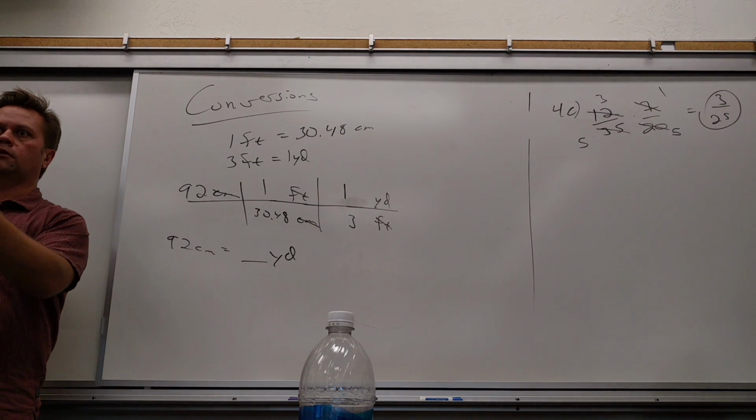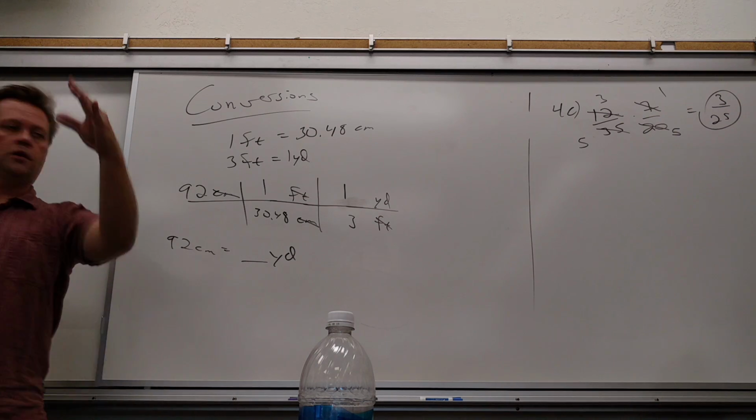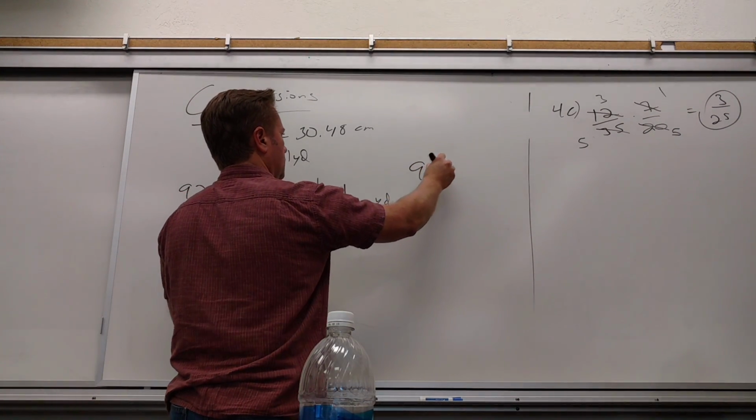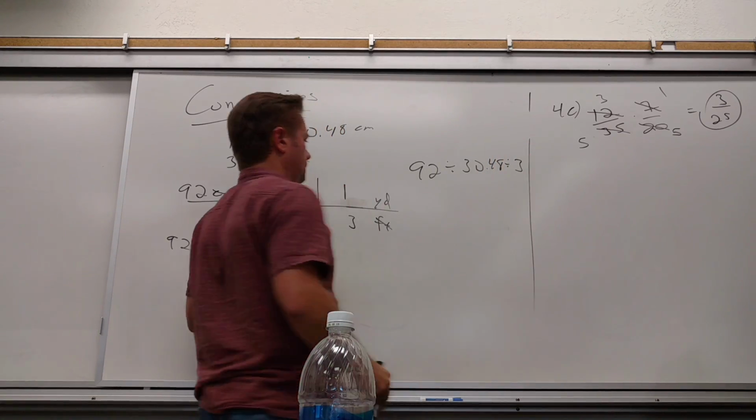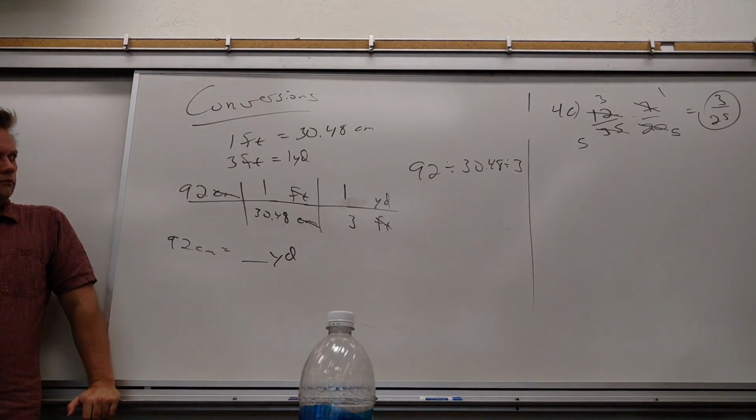You're going to do it all at once. In your calculator, you put 92 divided by 30.48 divided by 3. It's like 1 point something.